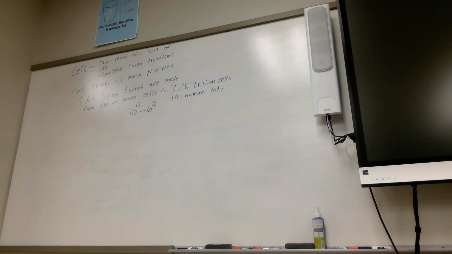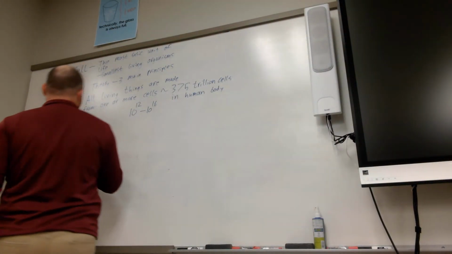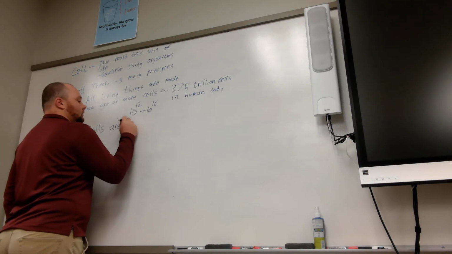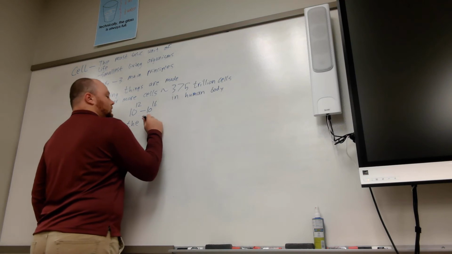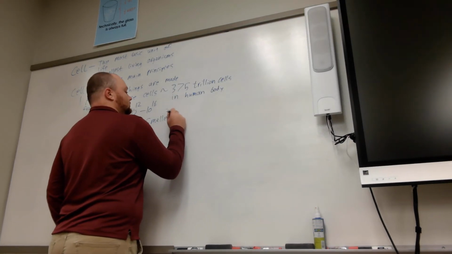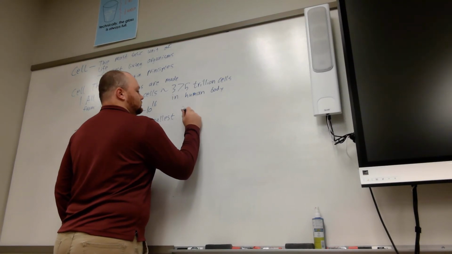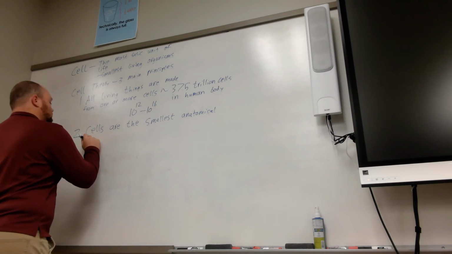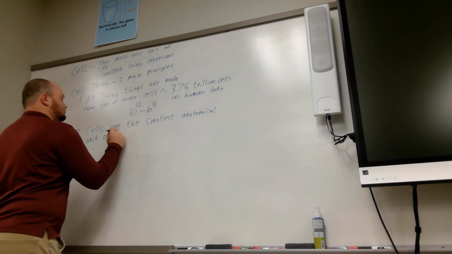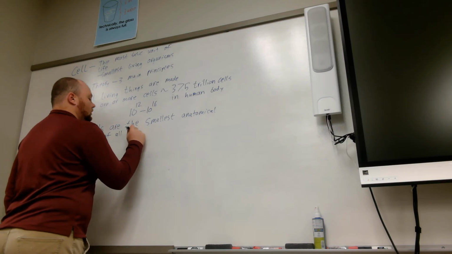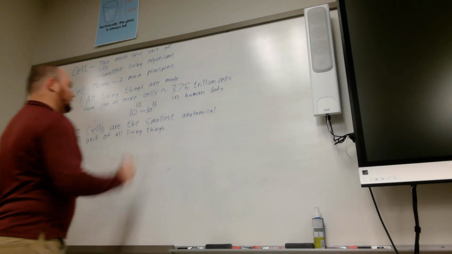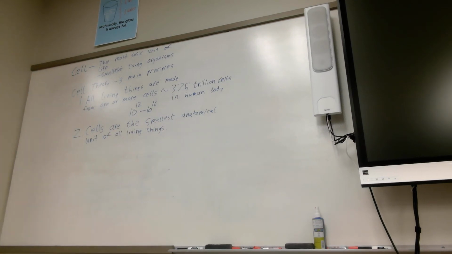Cells are the basic unit of structure and organization of all living things, okay? So they're the smallest anatomical unit of all living things.